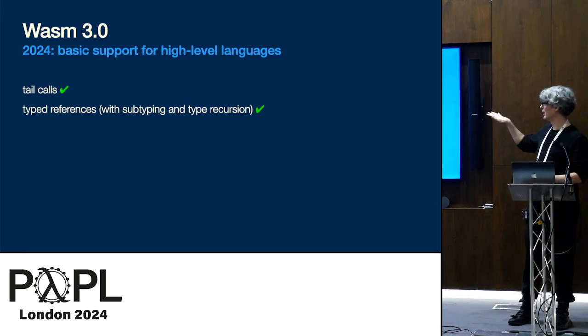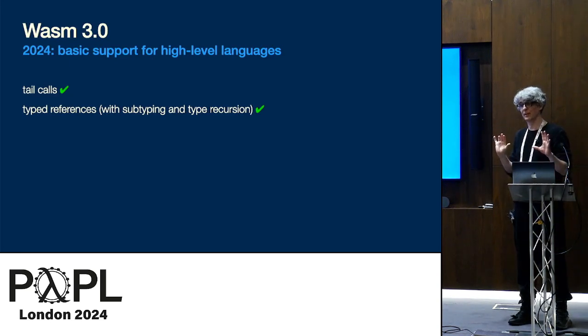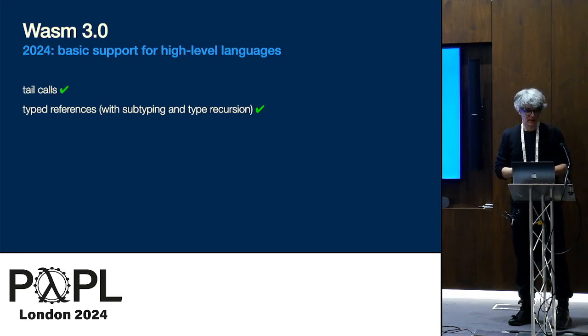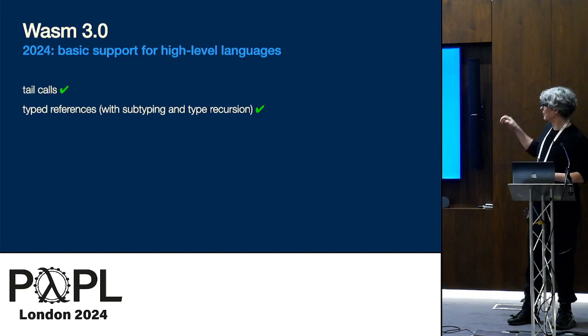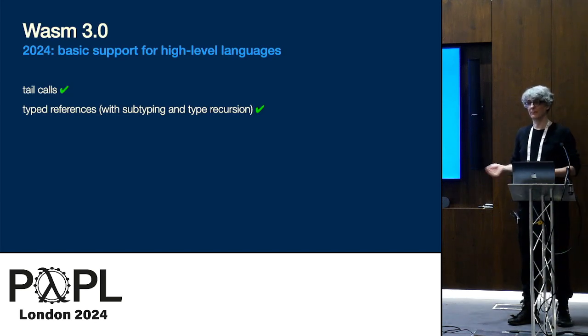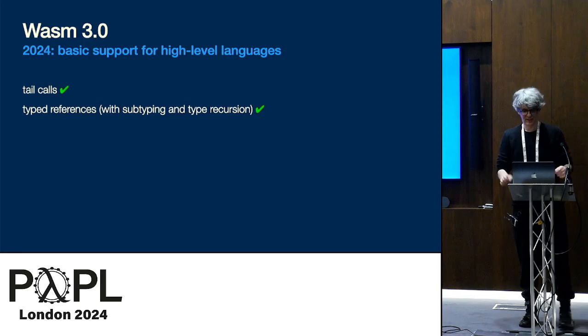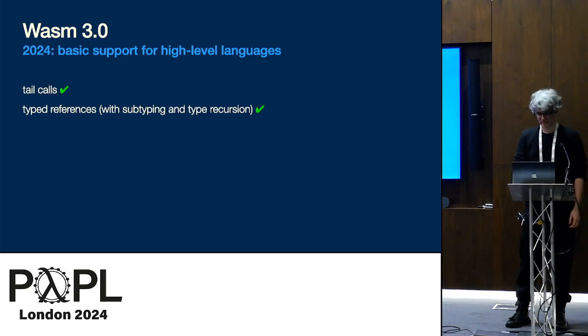So we now have actually typed references, structurally typed references. You know what you're pointing to, like some function or some other thing. And you have a rich notion of subtyping and type recursion on that. That makes the type system much more involved than it currently is. Currently, it's almost trivial, right? You just have these 4 or 5 or 7 atomic types. And now there's a lot of structure going on there.